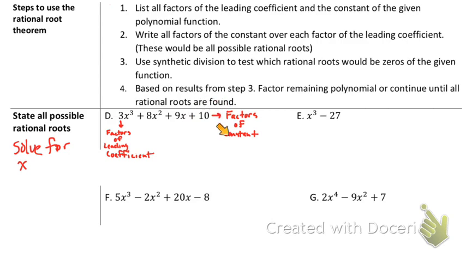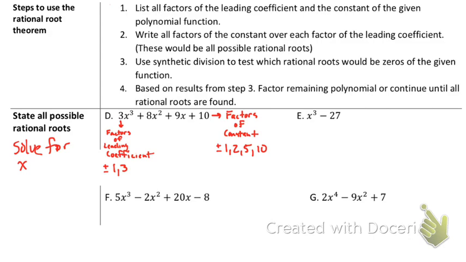We want to list all the factors. So let's do that now. This is step 1. So as you can see, the factors of 3 are positive and negative 1 and 3. So again, remember, factors are things that multiply to give you this number. The factors of 10 are all the positive and negative numbers that multiply to 10. And here's the list. So that is step 1.